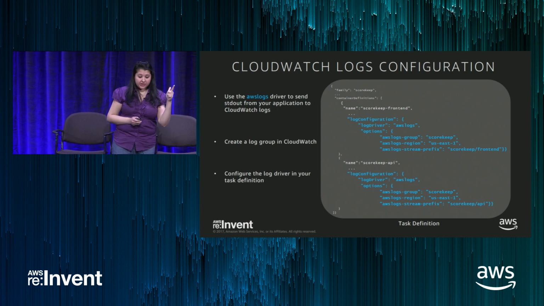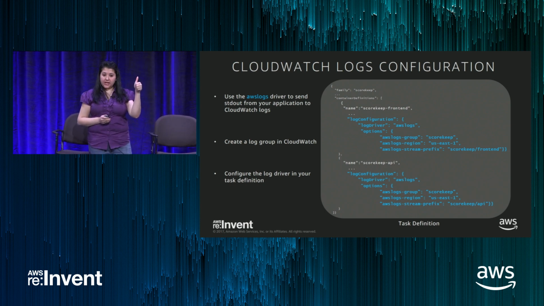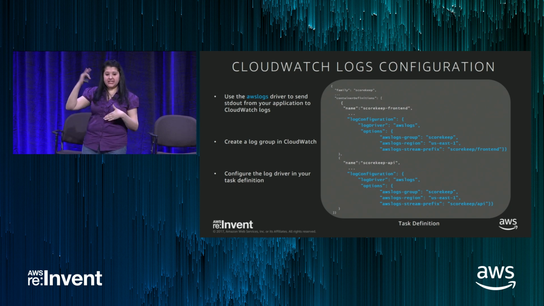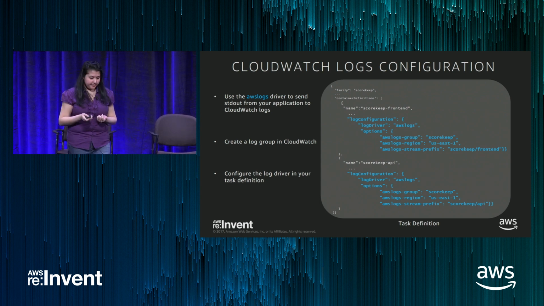And in the options section, you tell us the log group name that you just created, the region, and a simple prefix, just so you can easily identify in the CloudWatch console what logs are coming from which application that you may be running on Fargate.